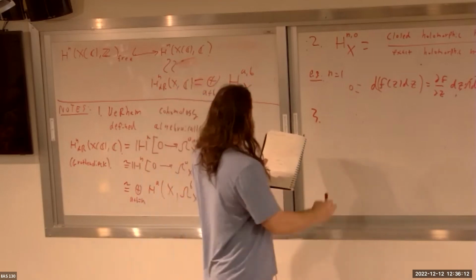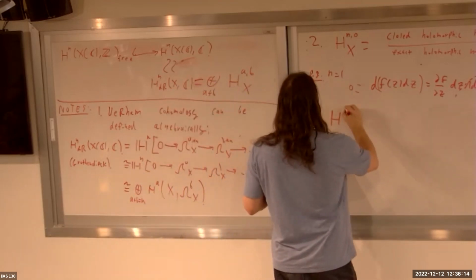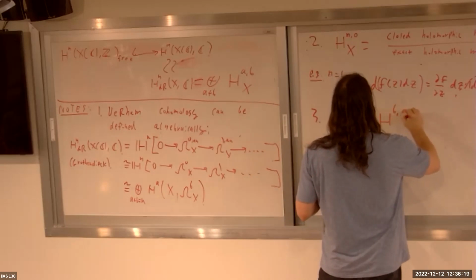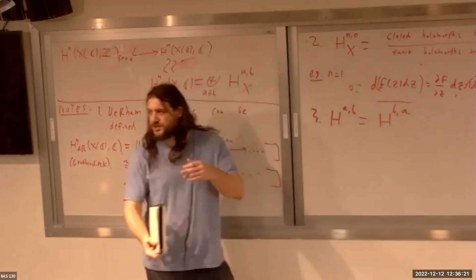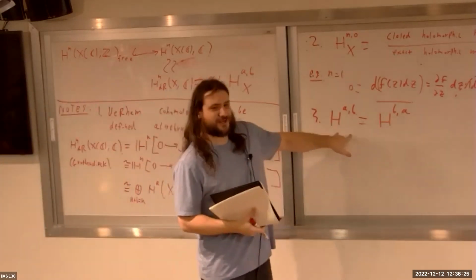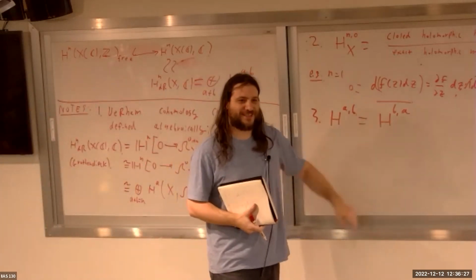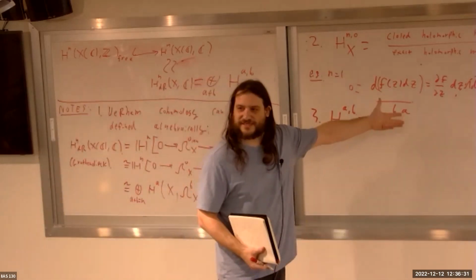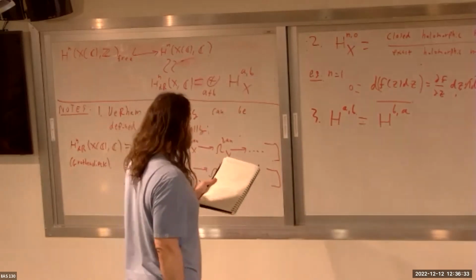Okay, the third observation, which is very simple, is that H^{a,b} is just the complex conjugate of H^{b,a}, because if you take the complex conjugate, all the dz's become dz-bars and vice versa, and closedness isn't affected by taking complex conjugates.